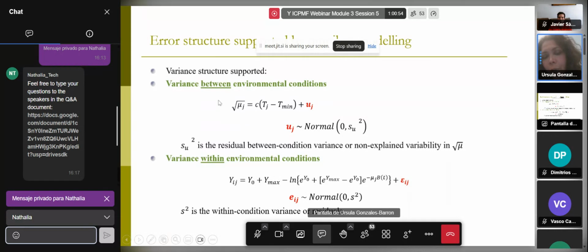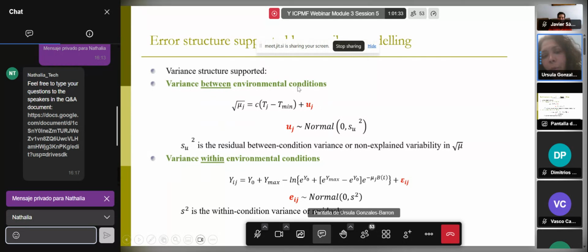So here you put your secondary model, and you add an error to this equation. But this is a special error because it is called a random effect. This random effect is always assumed to follow a normal distribution with mean 0 and variance sigma u squared. So how can you interpret this? This error will be the unexplained part, or the residual between-condition variance.